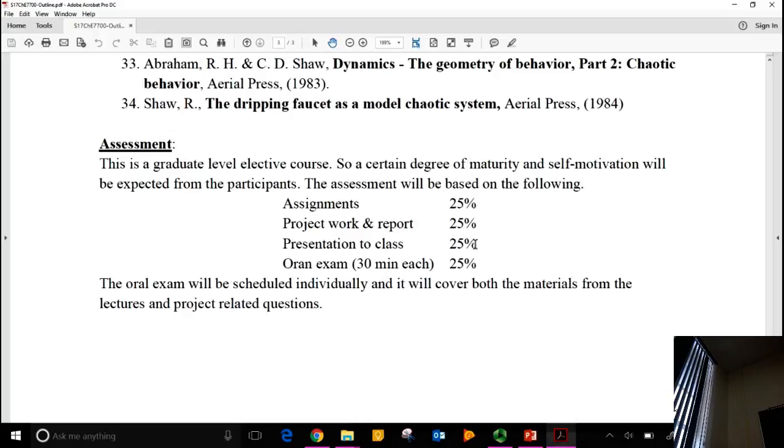So there is some expectation of not necessarily specific knowledge, but the ability to pick up the required knowledge as you need, particularly on your project, because 50 to 75% of the weight is on the project, right? So if you feel confident, and if you feel you have your own thesis project that you want to work along this, we need to engage in a discussion to see that I feel it is appropriate for the goals of what I've set for this course.